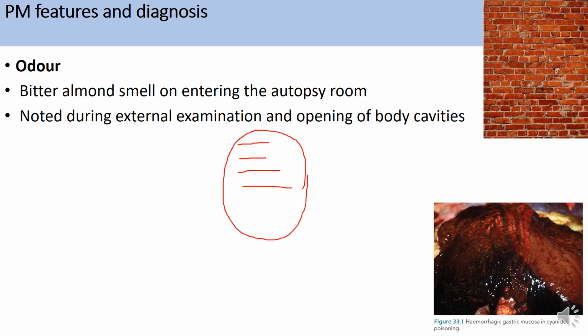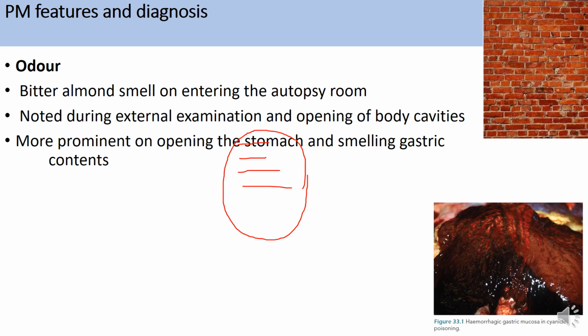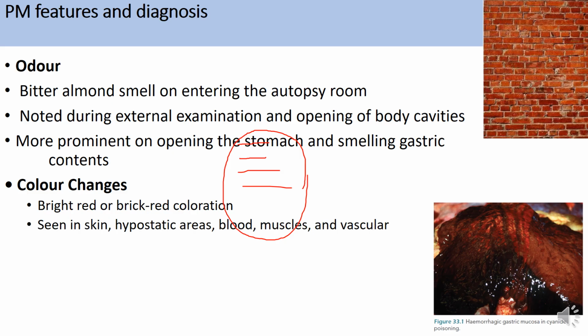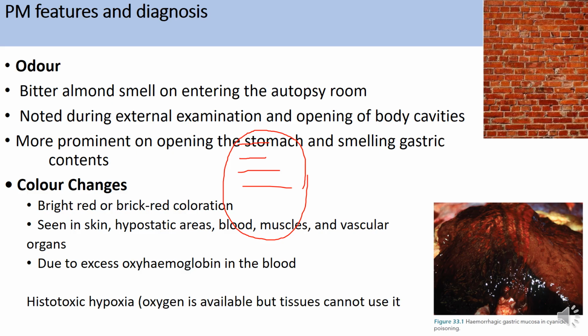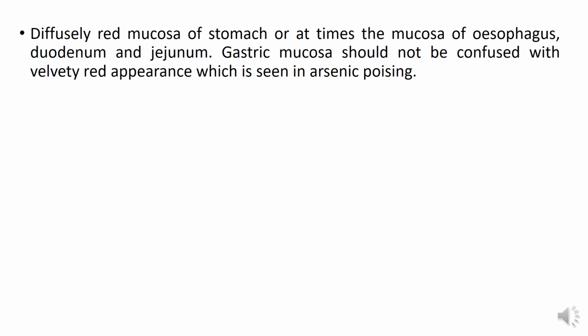This is due to the effects of cyanide poisoning. Hypostasis, blood, muscle and vessels, organs, everywhere, is red. This is due to the excessive oxyhemoglobin in the blood.